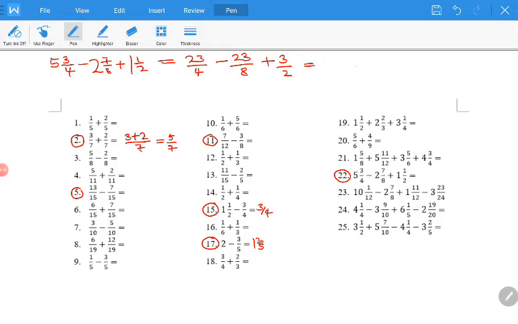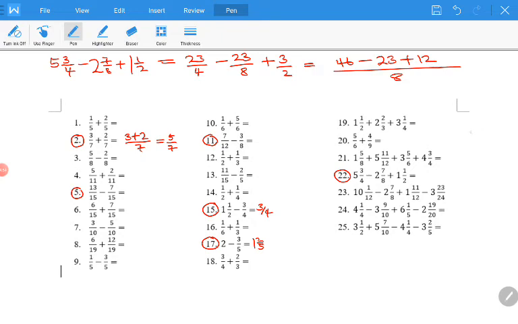So this is equals to over 8. 4 gets into 8 twice, so 2 times 23 gives us 46. Then minus, here we don't need to change anything because we are multiplying by 1, so minus 23. Plus, 2 into 8 is 4, and 4 times 3 gives us 12.